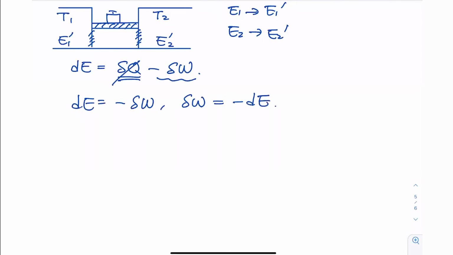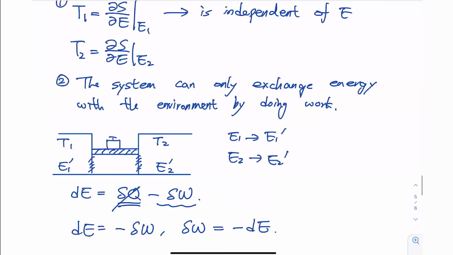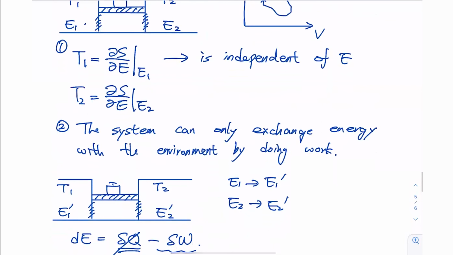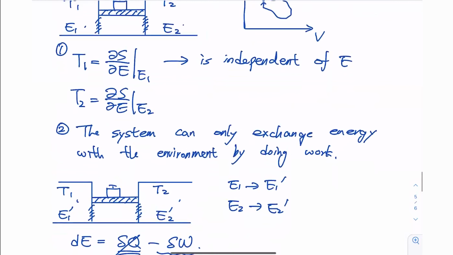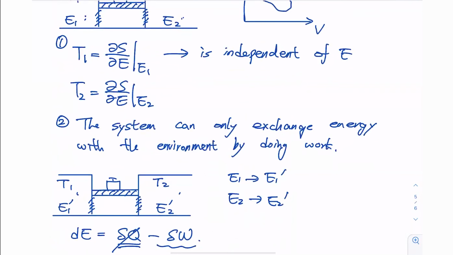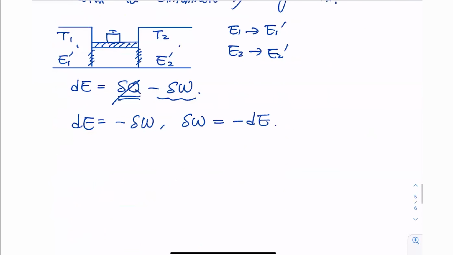And from this process, after this thermal cycle, we can simply ask what is the change of energy, because now the piston gets back to what it is originally. So the only difference is the energy of the heat bath. So the change of energy will be basically minus E1 prime plus E2 prime, subtract the E1 plus E2.